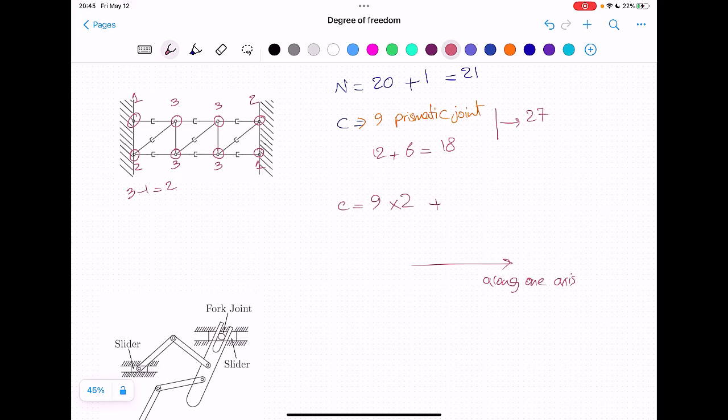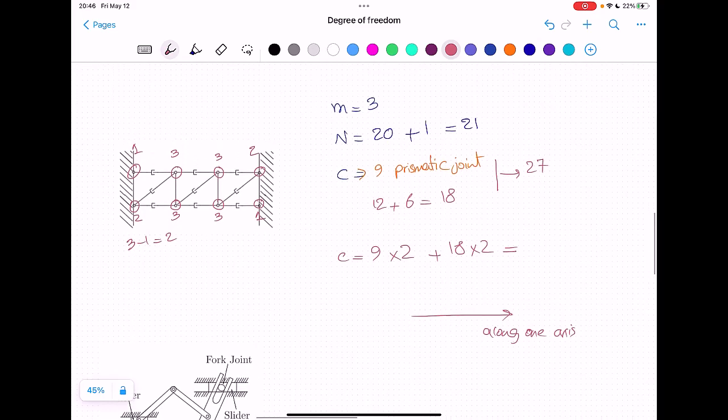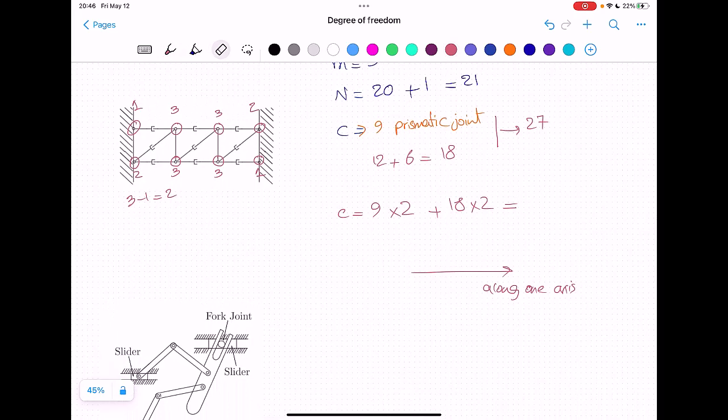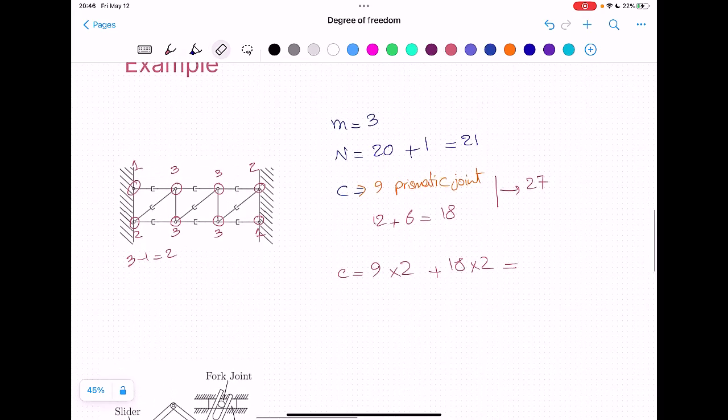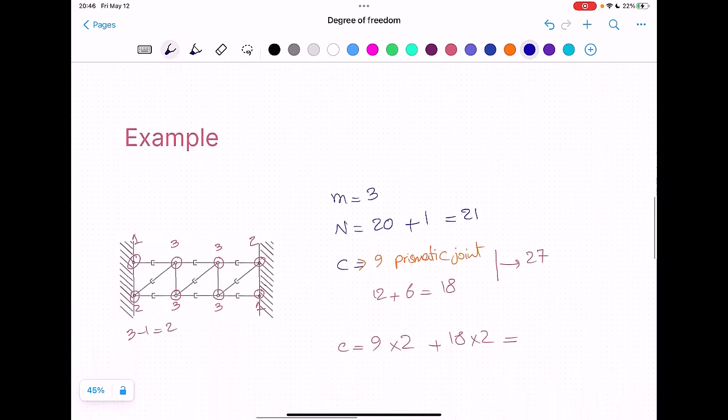And here, we have 18 revolute joints. In a revolute joint you can't move along 2 axes, so it constrains you from having 2 degrees of freedom. So here, I want to write the equation.